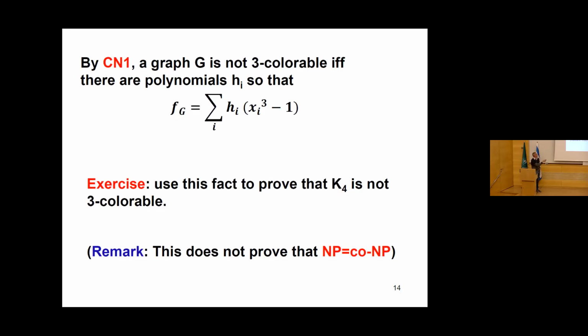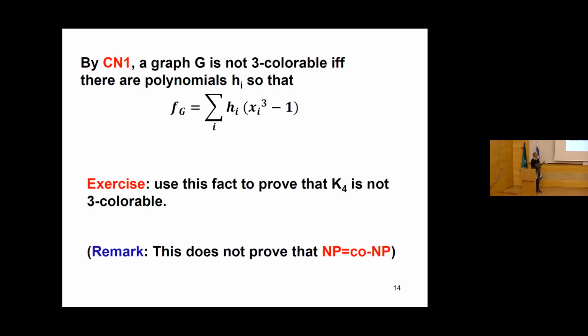Just because those have roots which are the 3 roots of unity, and therefore the graph is not 3-colorable if whenever we substitute cube roots of unity for all the vertices, the graph polynomial will vanish, right? Because we have only 3 cube roots of unity, and because of the statement, this holds.